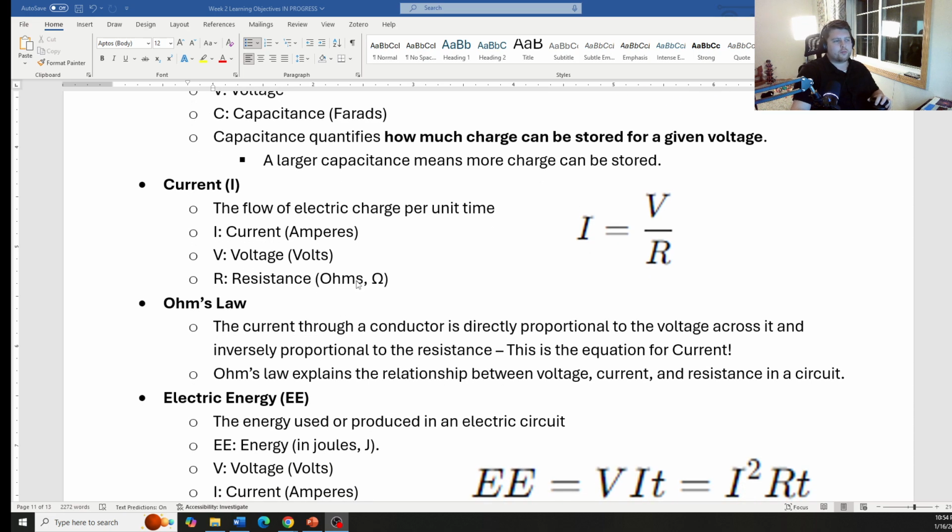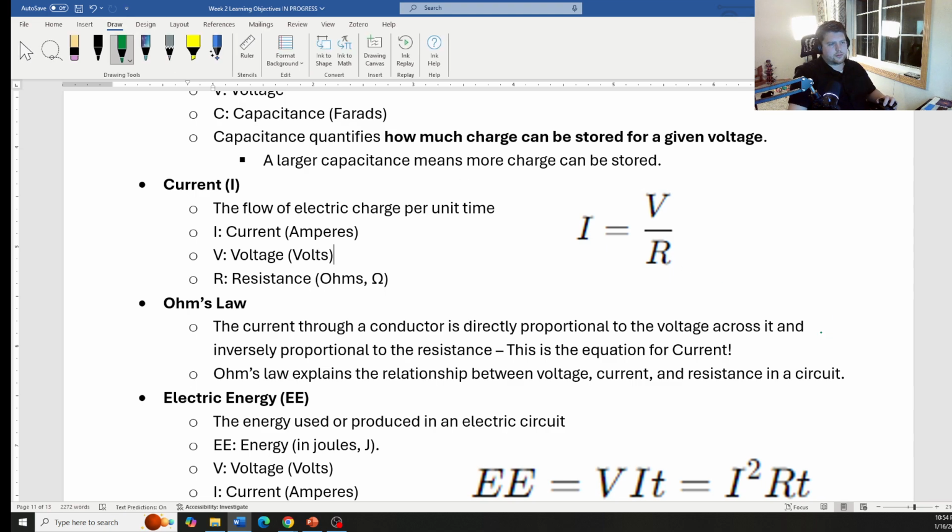Resistance is measured in ohms, which brings us to Ohm's law. This equation right here, I equals V over R, current equals voltage over resistance. This is Ohm's law. Just draw a little arrow. Maybe it shows up. There we go. That equation is referring to Ohm's law. The current through a conductor is directly proportional to the voltage across it and inversely proportional to the resistance.